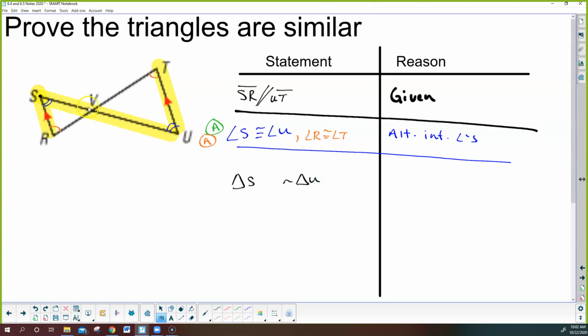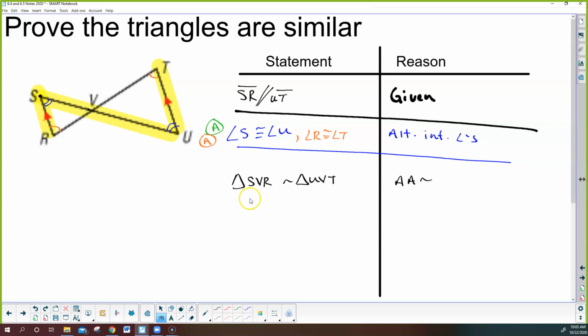And then if I go S to V, U would also have to go to V. And then V would go to R, and V would go to T. That would follow the correct mapping. And that's the angle-angle similarity, and we're done. It was really one given step and then two pairs of alternate interior angles.